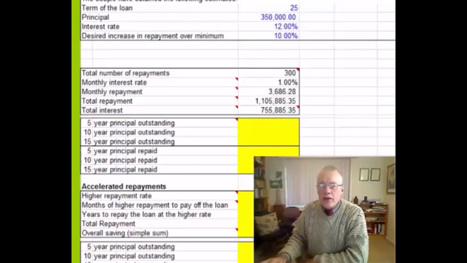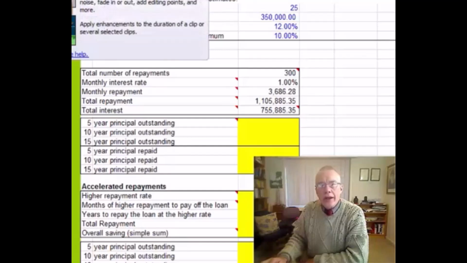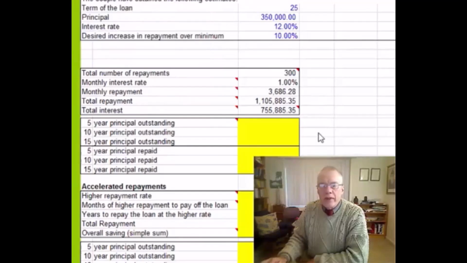We now turn to the question of how much principal repayment is happening through the loan. We can calculate that indirectly. There's no direct Excel function, or in fact, I'm not aware of a direct financial maths calculation for this.